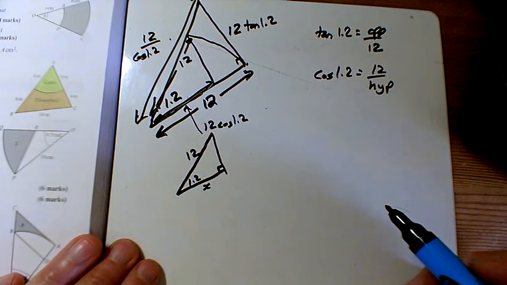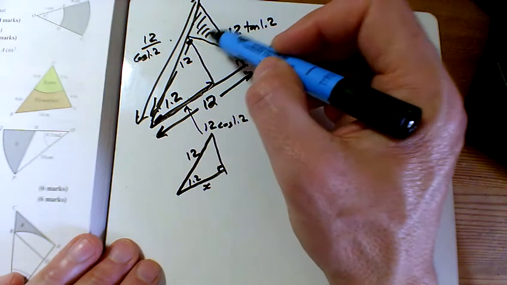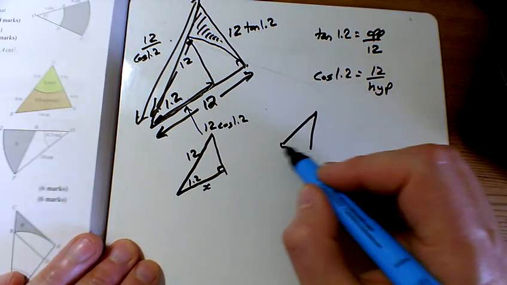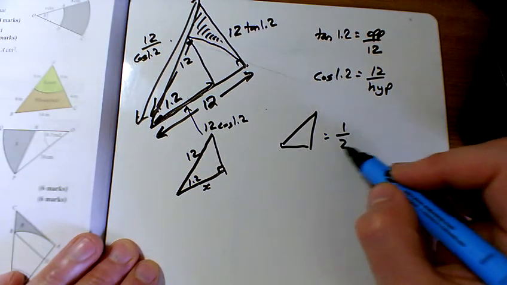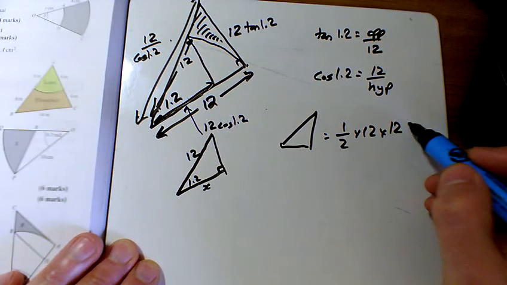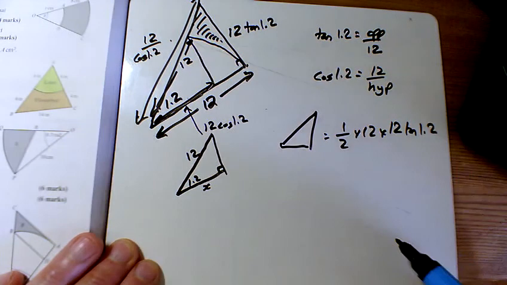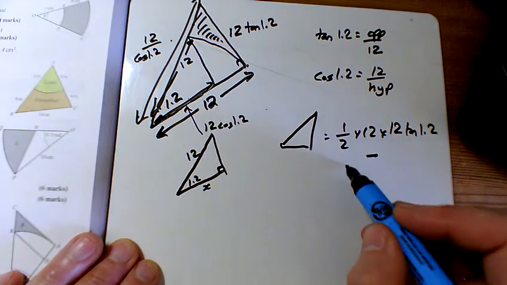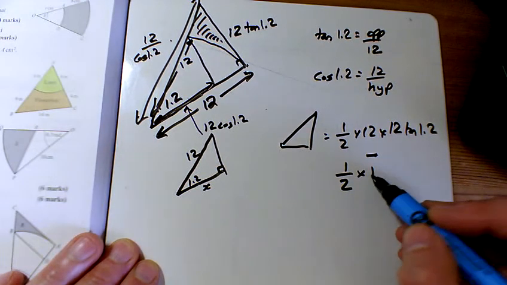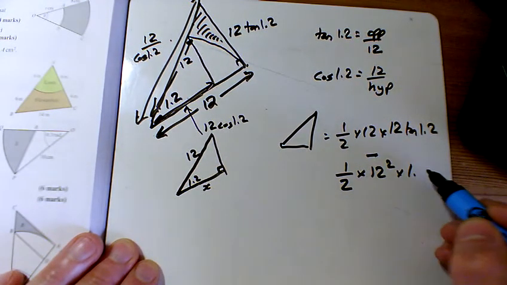So the area of that section there is the area of the triangle, which is a half times the base times the height, which is 12 tan 1.2, take away the area of the sector, as we've been doing before, a half r squared theta.